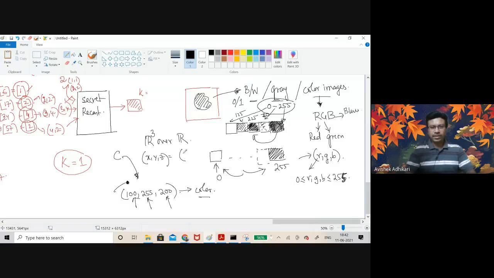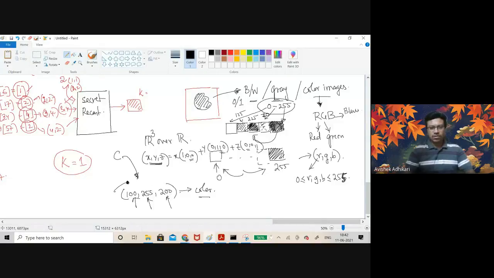There could be any basis, say 1, 0, 0 plus 0, 1, 0 plus 0, 0, 1. And if I put x, y, z here, then this point can be represented by these three bases. So R3 over R is a three-dimensional vector space over R.